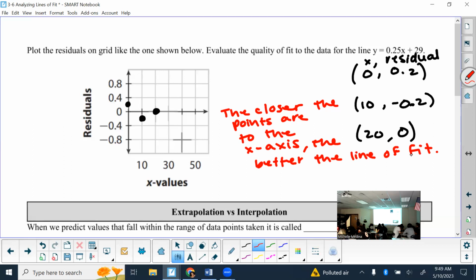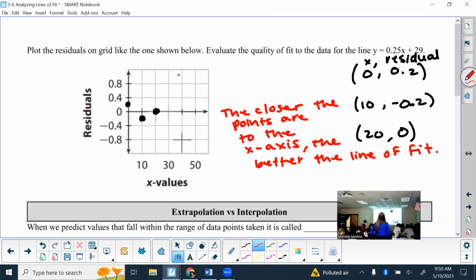So it'll tell me, given this residual plot, is this a good line of best fit, yes or no? Yes, because they're all pretty close. If it was not, then they'd be farther away, and I've seen it be as far as like 7, 10, -20, right? So some of them can be drastically different, but the closer it is to the x-axis, the better. So good on there?